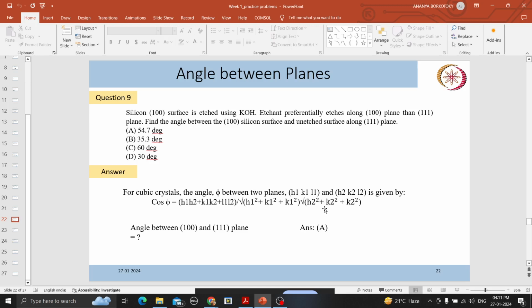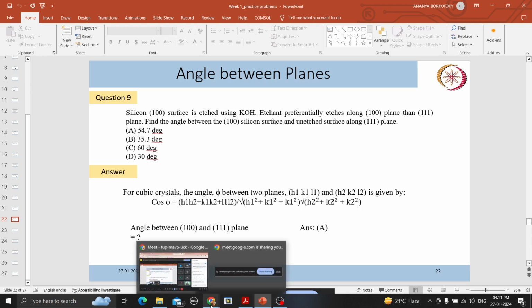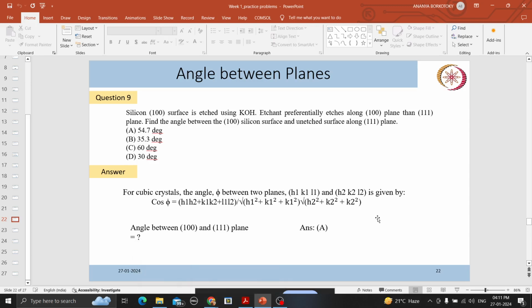I think in three-dimensional coordinate geometry, firstly, we have used a formula like x upon a plus y upon b plus z upon c equals 1. Something like that we created the formula for a plane. So in a similar fashion, we are creating the formula for the plane in crystallography. Then we can get similar results. I think from there we are getting this type of formula.